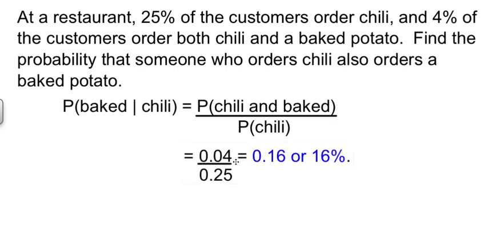Well, we know the probability of getting both things is 4%. Probability of getting just chili is 25%. So 4% divided by 25% gives us 0.16, or 16%. A little different way of thinking about things. Working backwards to divide out to get back to where the conditional probability is.